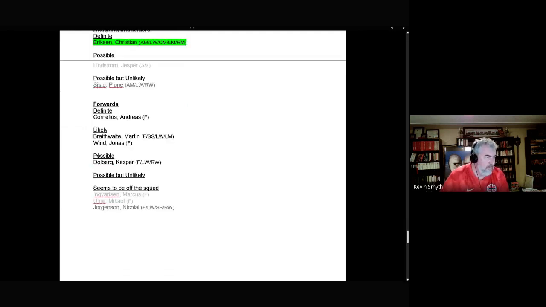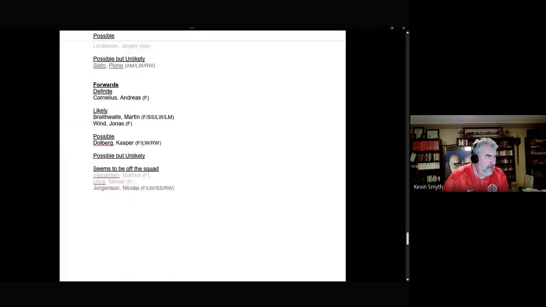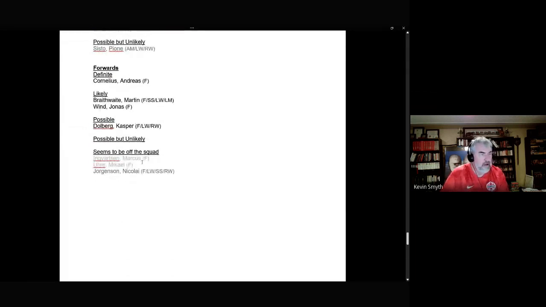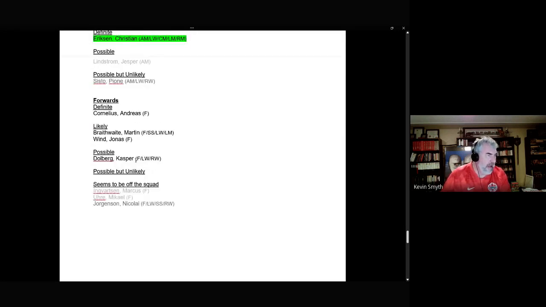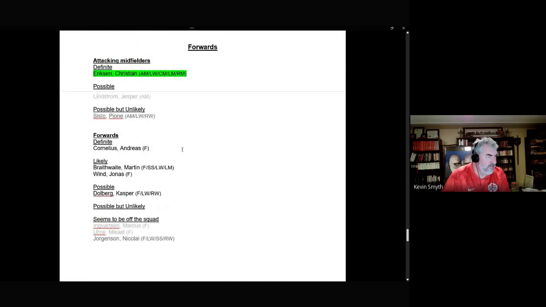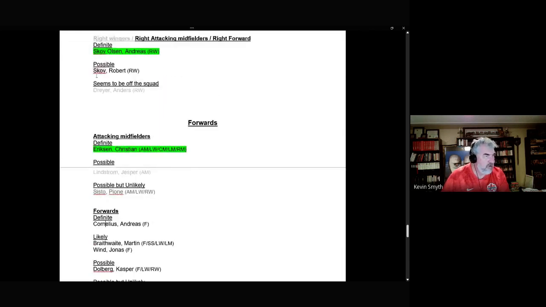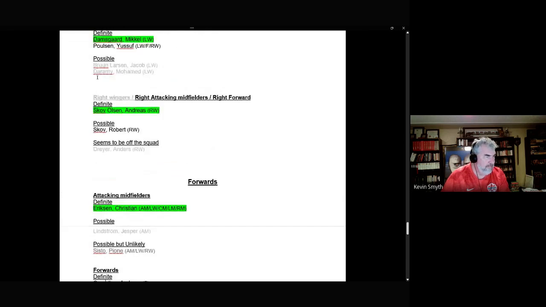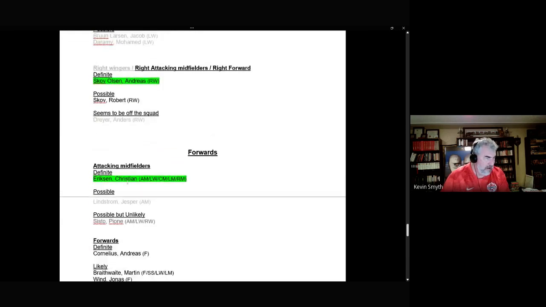After the Euro 2020, I would have guessed Kasper Dolberg, but to my surprise, they didn't use him that much as a forward. So I think they'll be searching for their starting centre forward, and I can't nominate any of these forwards or Yusuf Poulsen, who sometimes starts there, as the starter.